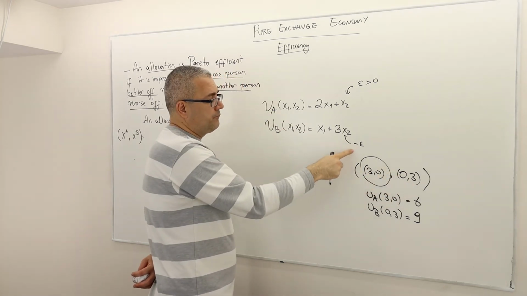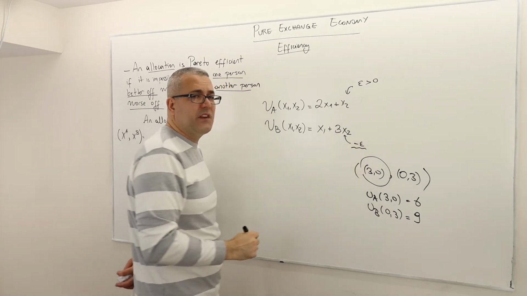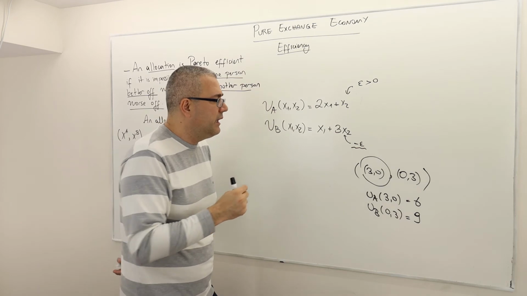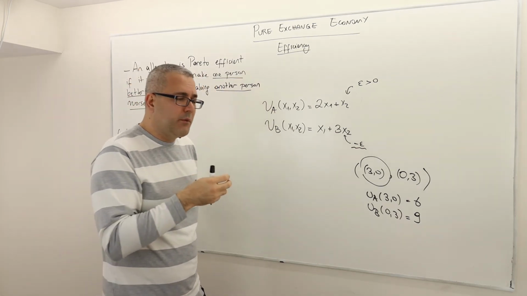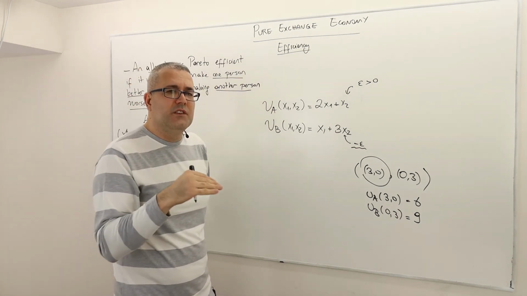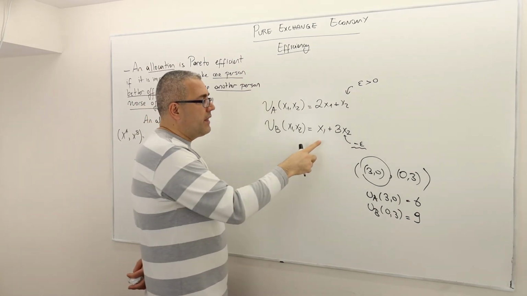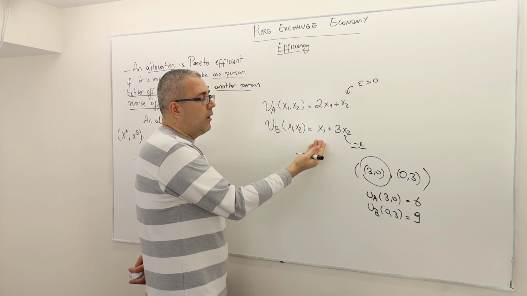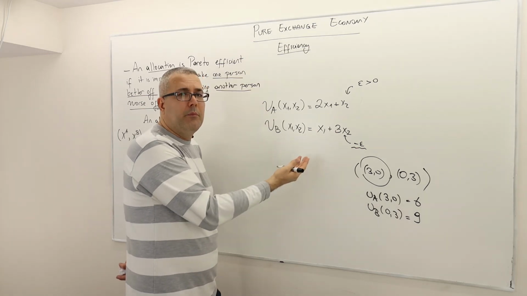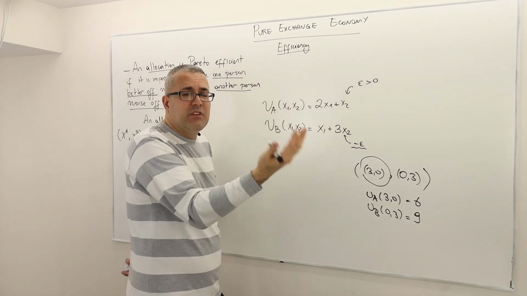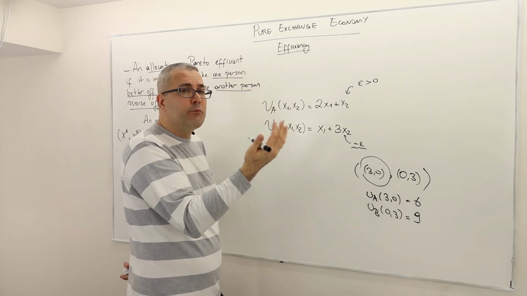So here, this minus epsilon: I tell Bob I'm going to reduce his consumption of good 2 by some epsilon amount. Obviously that's going to hurt Bob, so I can't really find the improvement.